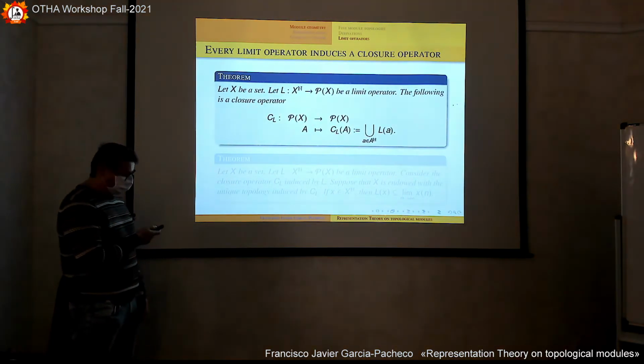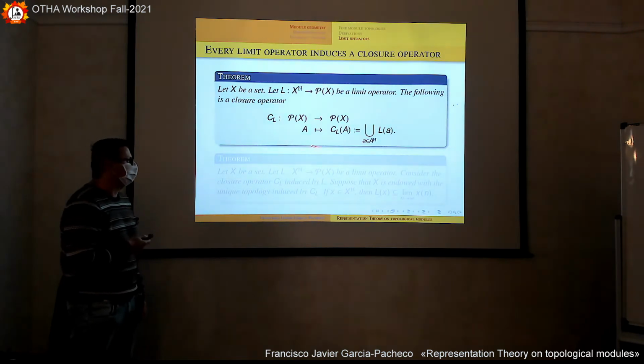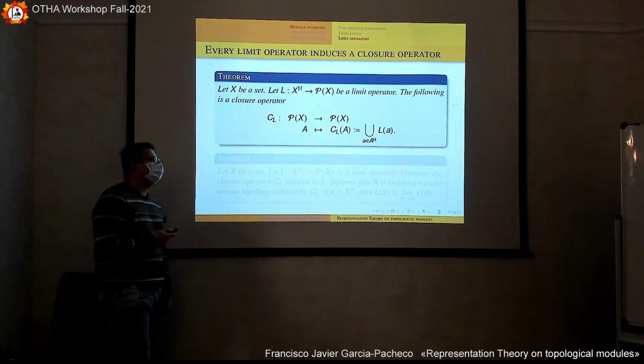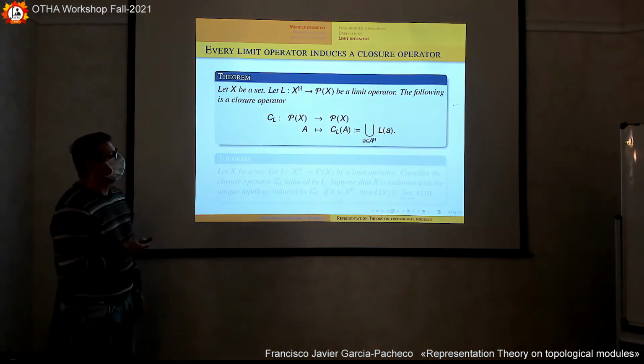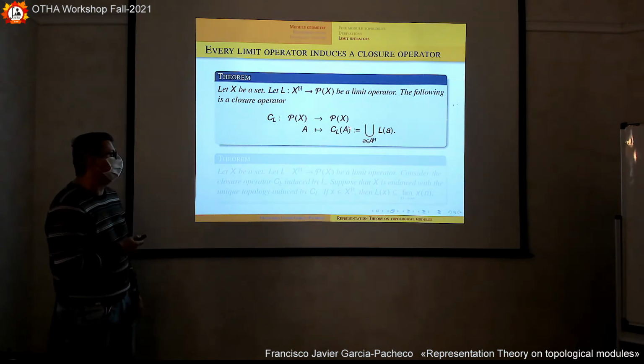So now, if X is a set, then every limit operator clearly defines a closure operator, which is the union of the limits of all sequences of A. Keep in mind that this could be empty.